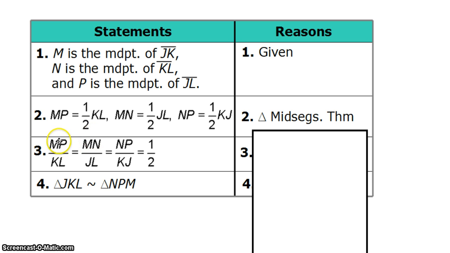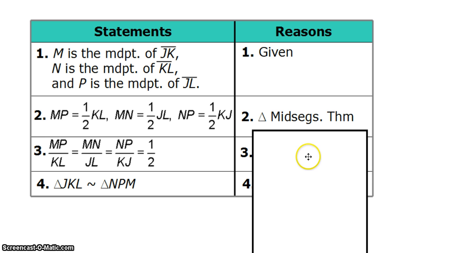Okay, so we have MP is half of KL. So MP to KL is equal to MN, which is half of JL, MN to JL, which equals NP to KJ, which all equals 1/2. And what is the reasoning, Joey?